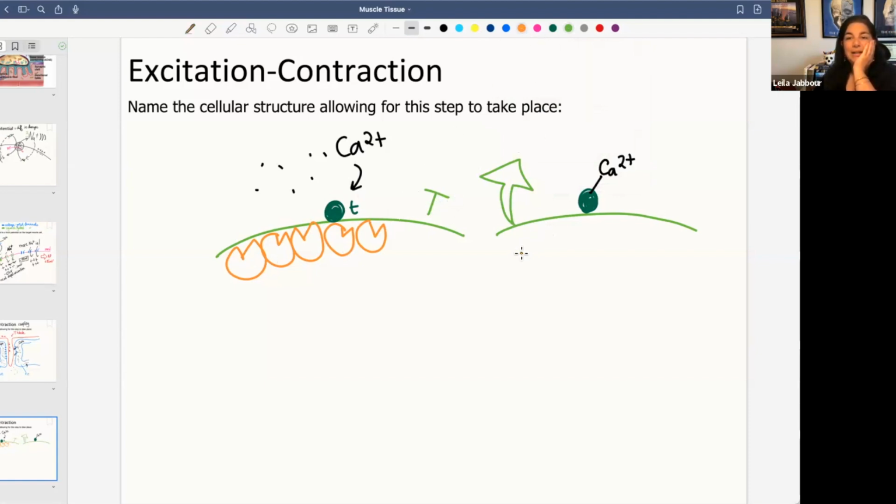So the binding sites end up being revealed. They are free to bind the heads of the myosin. Okay, so that's what I wanted to add.